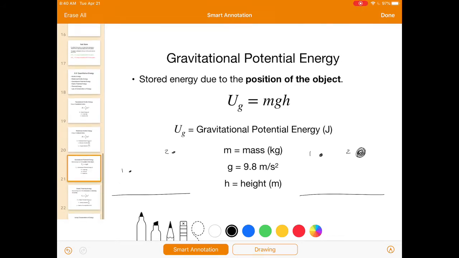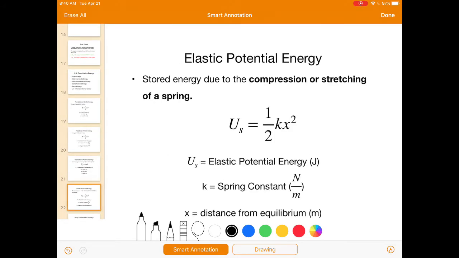Let's talk about elastic potential energy. So elastic potential energy is stored energy due to the compression or stretching of a spring. So if this is our equilibrium, you could have something that has been compressed a distance x, or, again, here's our equilibrium, something that has been stretched a distance x. All right?